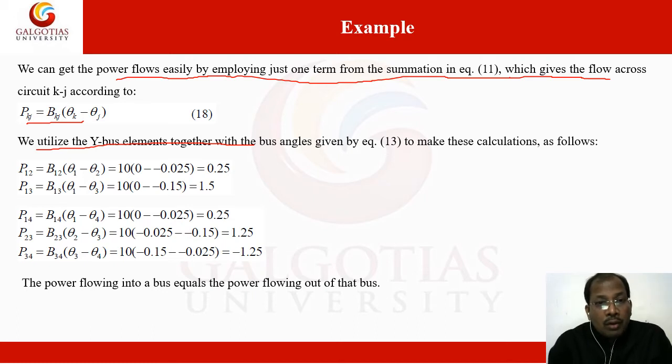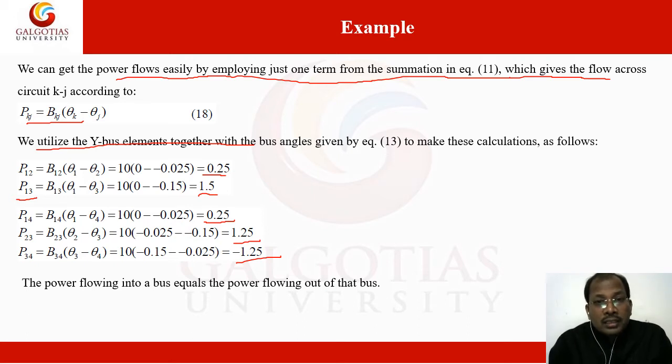So this is the power flow between 1 and 2. Putting in these values, we get per unit values: P13, this much power; P24, this is 0.25; P23, we get 1.25; P34, minus 1.25. So power flowing into a bus equals power flowing out of that bus.